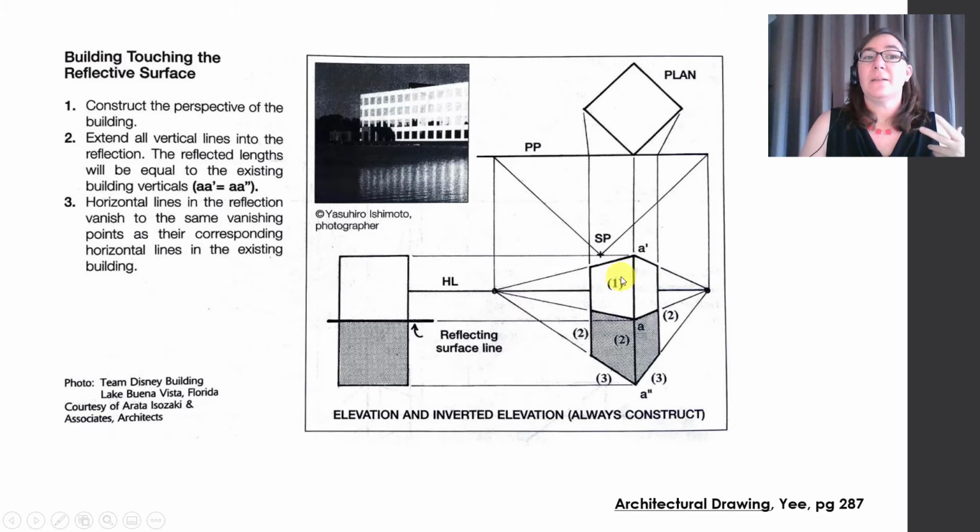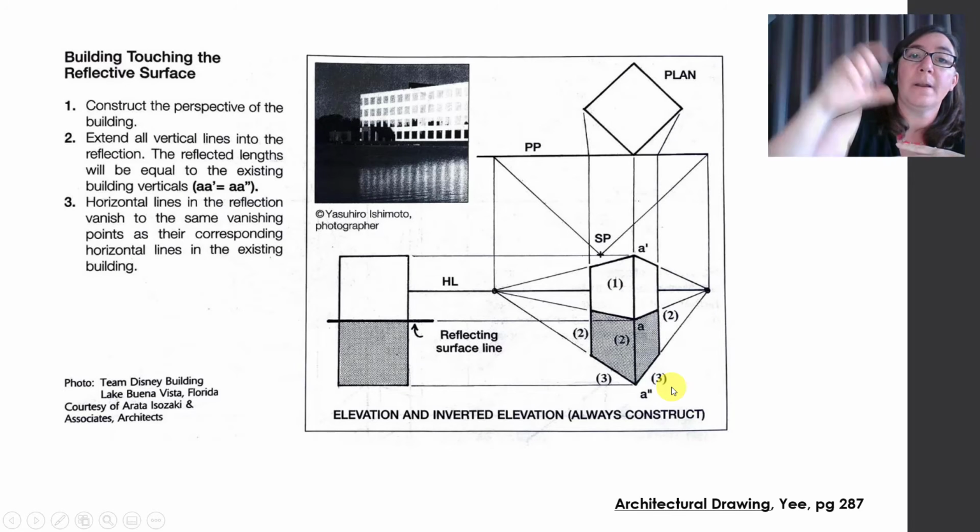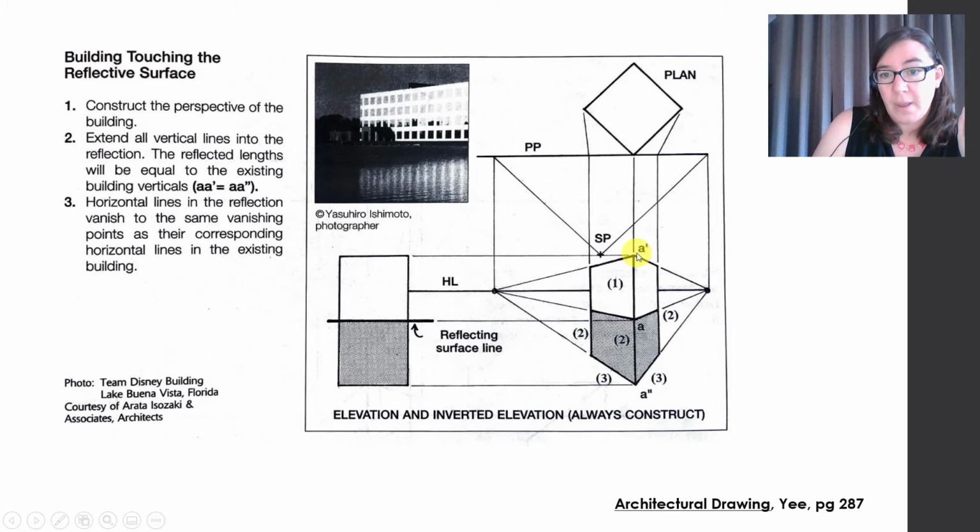Next, extend all vertical lines downward into the reflection. They're going to be the exact same length in the reflection that they were in your perspective drawing. And so this length right here from A to A1 is going to be the same as the length from A to A2.